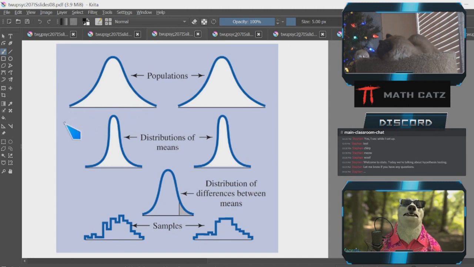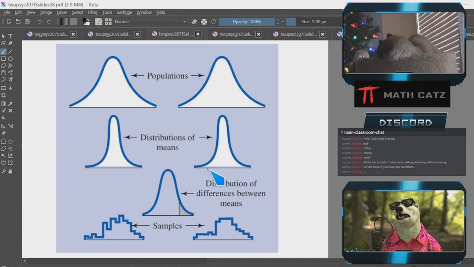Let's visualize what's happening here. We have our individual populations, quiet and noisy. Or is it the other way around? Doesn't matter, just to visualize it. We then go to the distribution of means for the two groups.